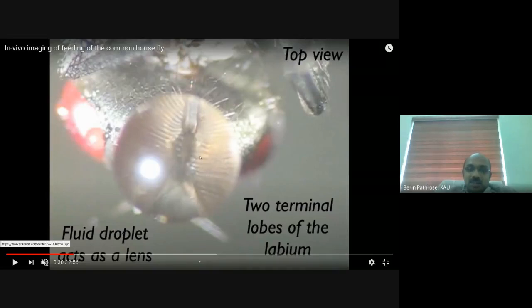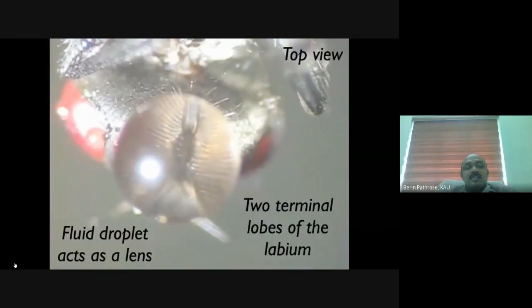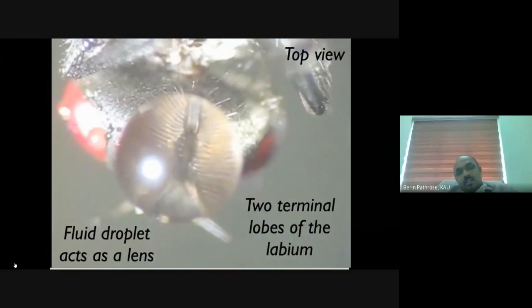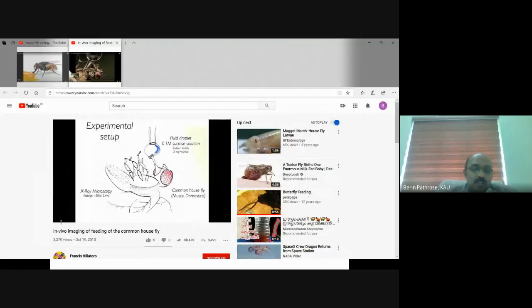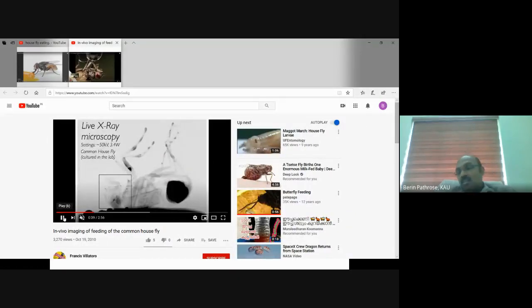It is the means of attrition, that means it rasps off the tissue, and you can see the opening. So now you see the pseudotrachea clearly, and the opening. So this is how the sponging kind of housefly mouthpart looks like.